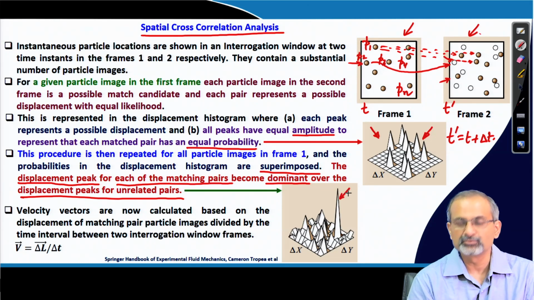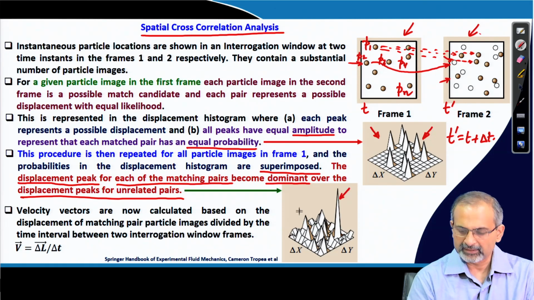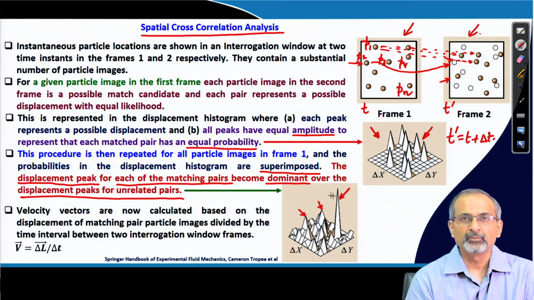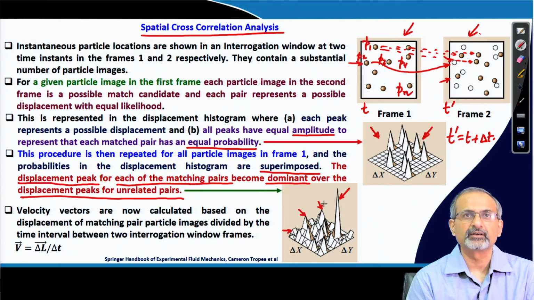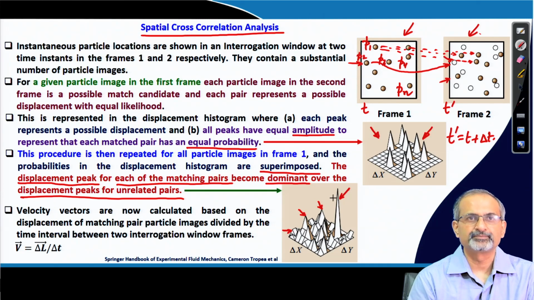For example, here you see a very sharp peak and there are others which are sharp as well, but there are much weaker peaks as well, which will now be filtered out as improbable events.